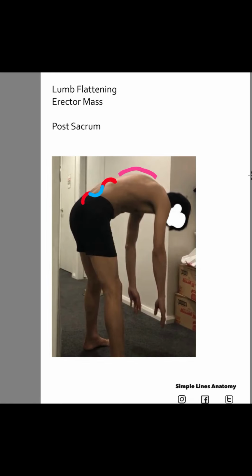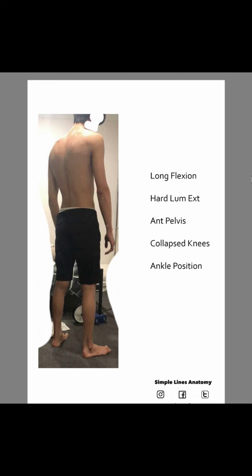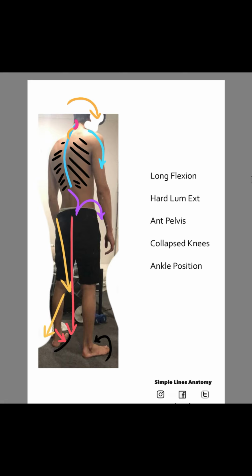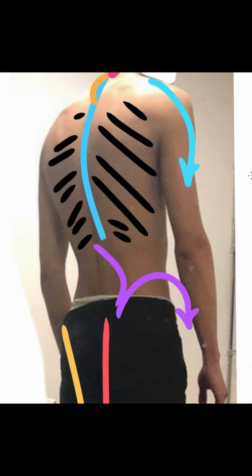It could be that he's all flexed, but realistically, we wouldn't be seeing this kind of curvature through here. This big, steep curve simply could not allow for full flexion all the way down, just like a big swoop like that.